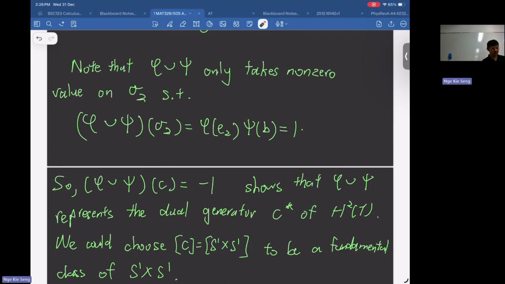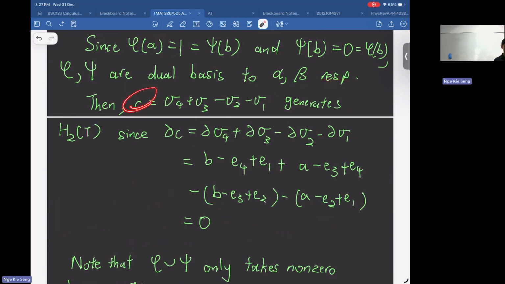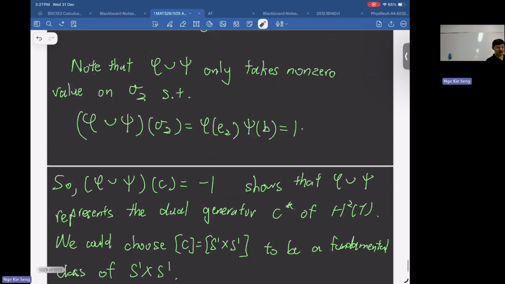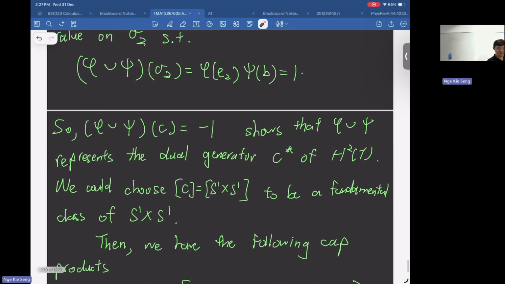But in this case here, what's the degree two generator? You cap these two together, and then you check that actually this is the dual generator to the two cycle we found, C here, because it has the value 1 there. So that's fine. Then we will choose this C as our fundamental class, because it's a generator.